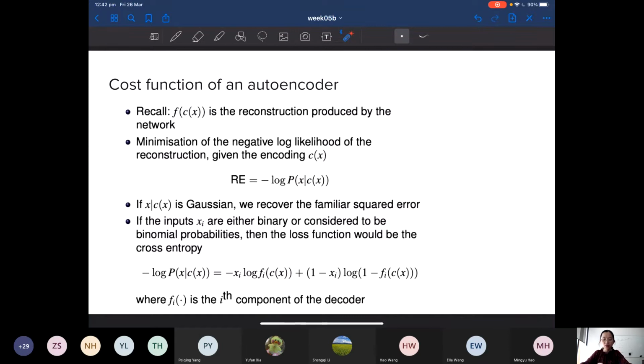If X conditioned on C of X is Gaussian, then we recover the squared error, since the log of a Gaussian is squared error. If the inputs X are binary, then we recover the familiar cross entropy loss, right?